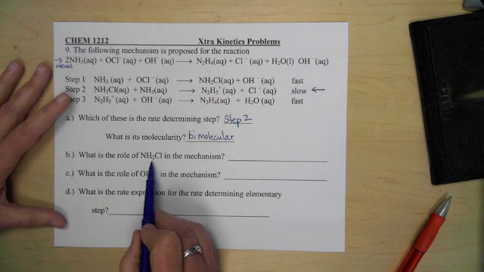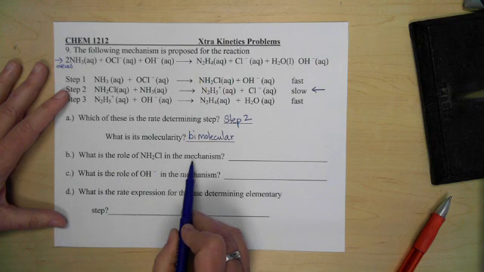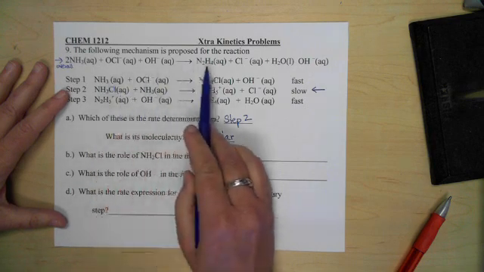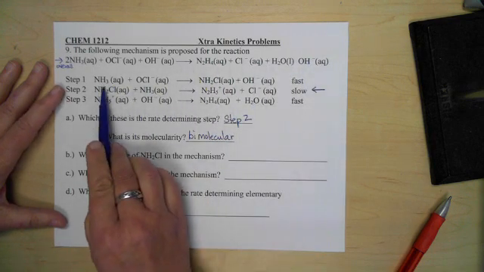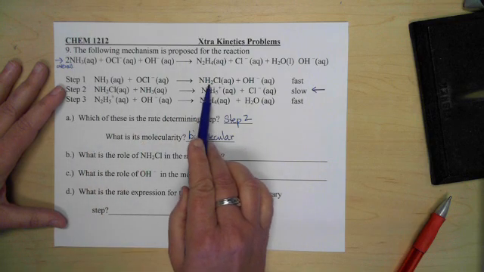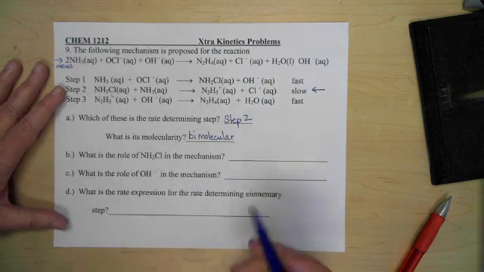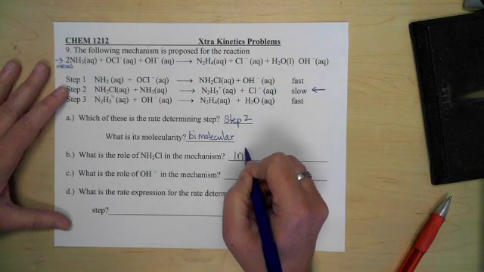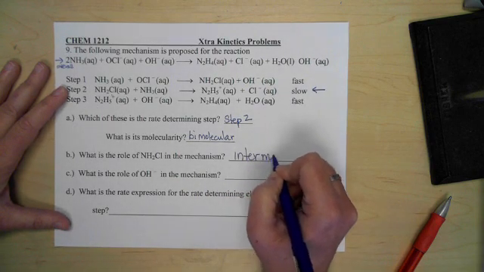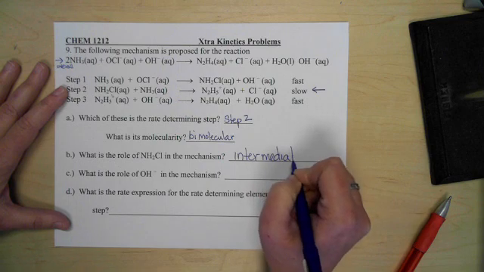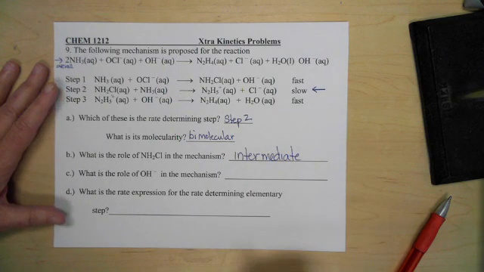What is the role of N2Cl in the mechanism? Okay, well, I don't see it in the overall reaction, so let's look at where it is here. Oh, look, it's being generated here and then being consumed here. That means it is an intermediate because it is generated and consumed within the reaction.